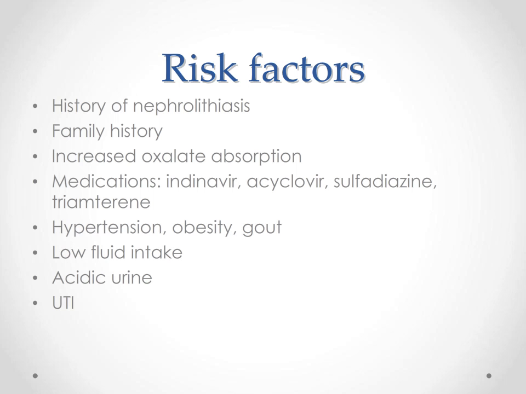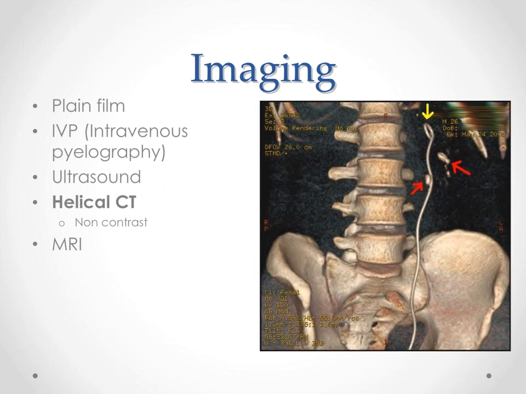And acidic urine can make acidic substances crystallize. And UTIs with infection from urease positive bugs like Proteus and Klebsiella can lead to ammonia formation, which can lead to the formation of struvite stones.